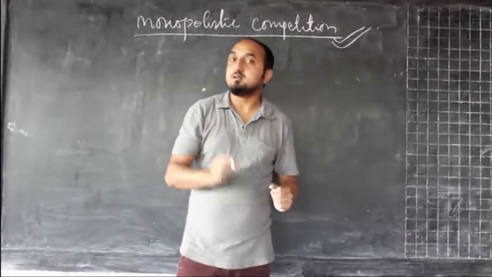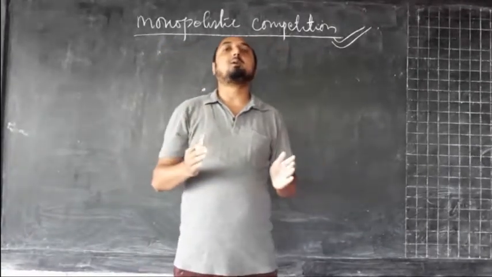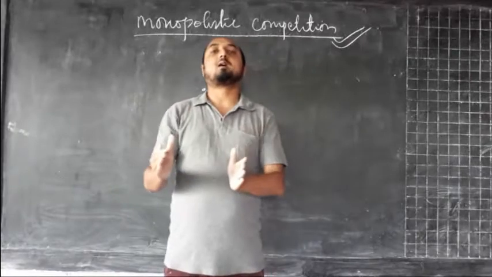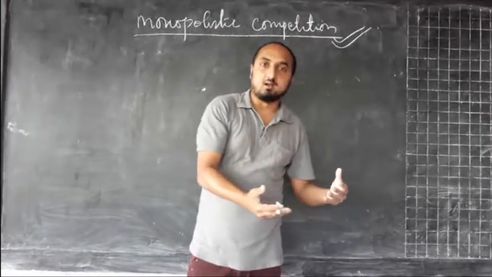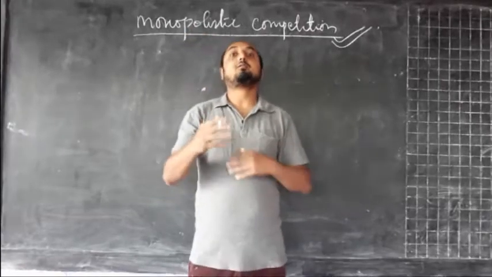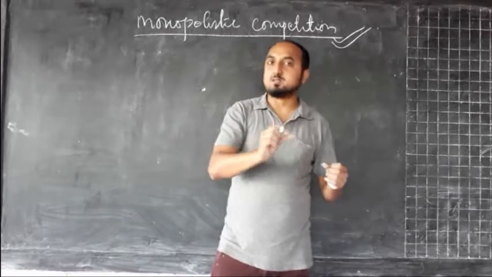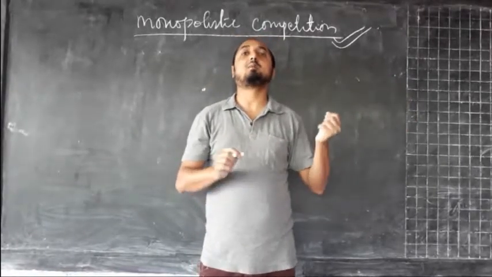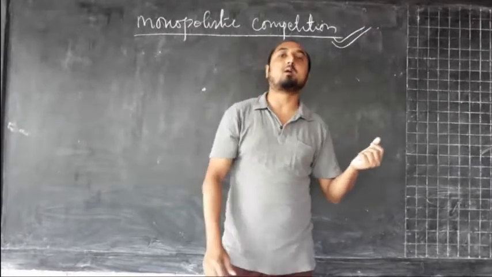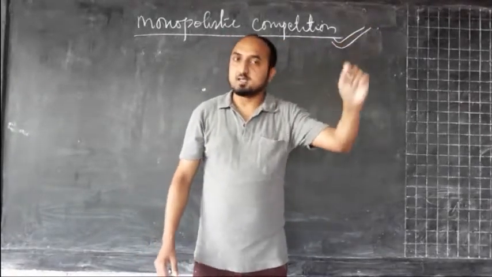Now we have to understand what monopolistic competition is. Monopolistic competition refers to that type of market in which there are a large number of buyers and sellers selling differentiated products. Here we are using features we discussed in the perfectly competitive market, where one feature was a large number of buyers and sellers.